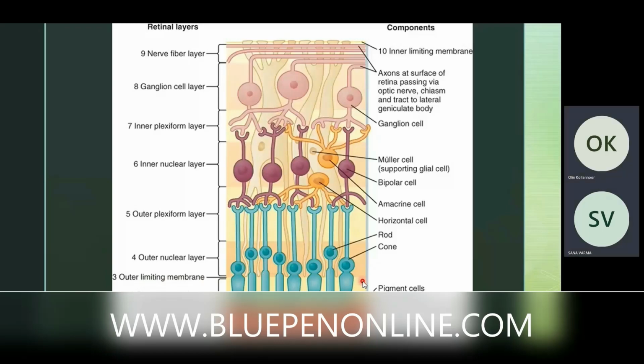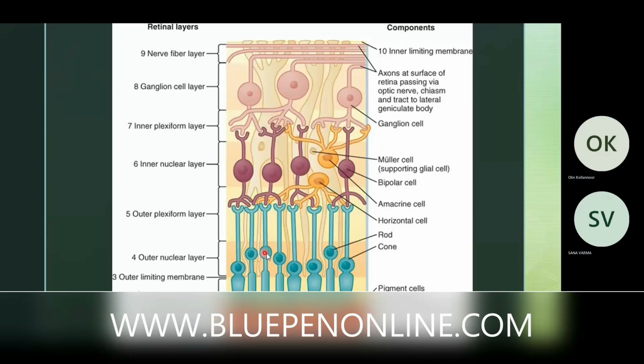Okay, then after that comes the outer nuclear layer. You can see that the outer nuclear layer contains the nuclei or the granules of rods and cones. See, these are the granules, the rounded parts. Then comes the outer plexiform layer.